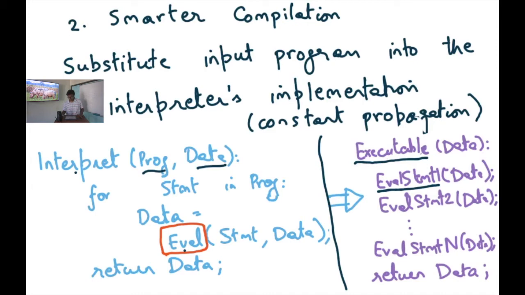First, I am partially evaluating eval on statement 1 through statement n, which means that I'm substituting statement 1 into the logic or implementation of eval, just like I'm substituting the program into the implementation of the whole interpreter. And so that should make the execution of each eval call slightly faster, because we don't have to actually understand what is statement 1. It's already substituted inside the specialized program.